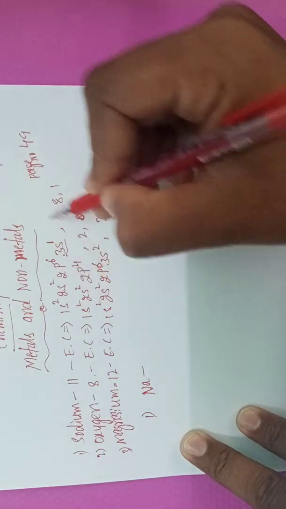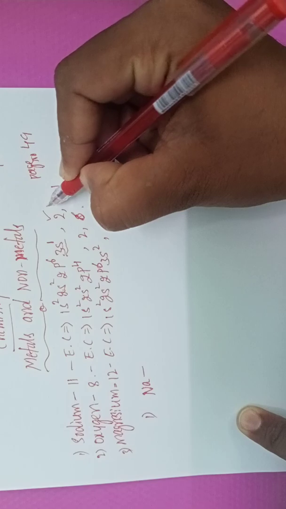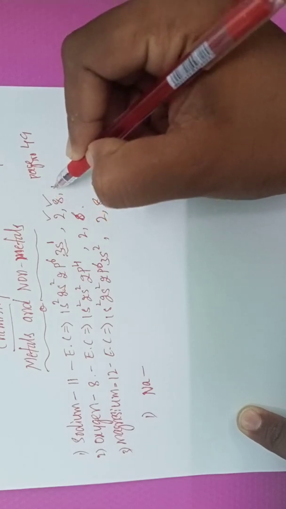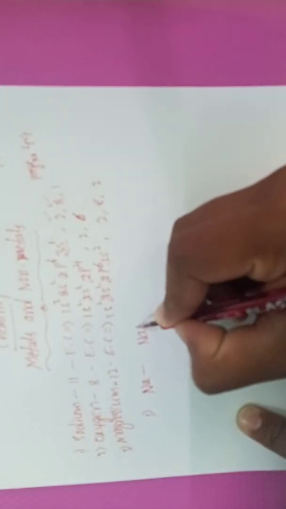In the first shell we can observe only 2 electrons, in the second shell we have 8 electrons, and in the third shell we have only 1 electron. That's why we have to write Na with one single dot. So this is the electron dot structure of sodium.